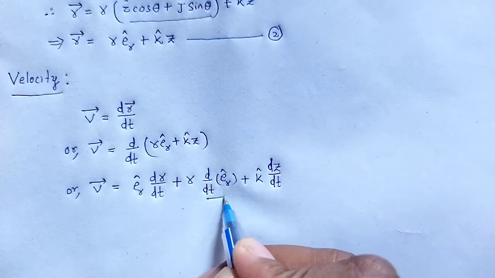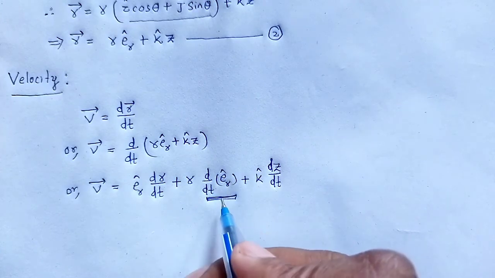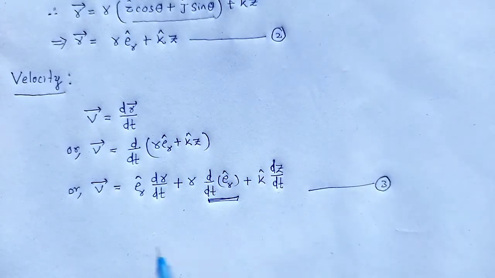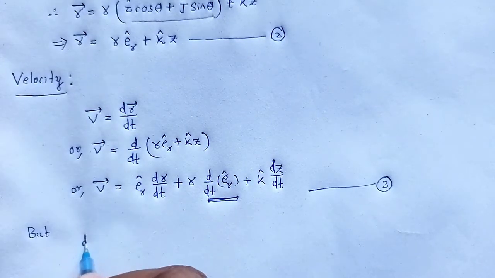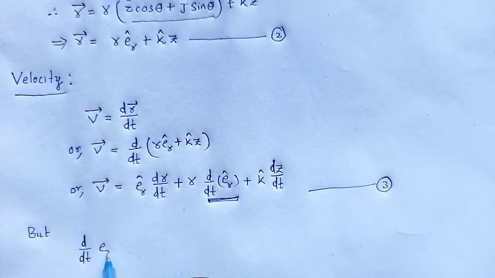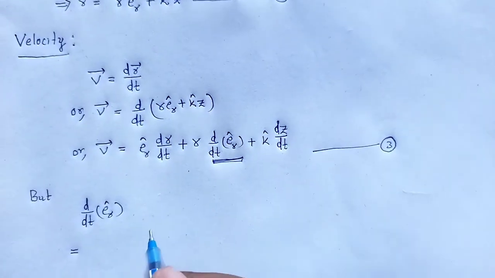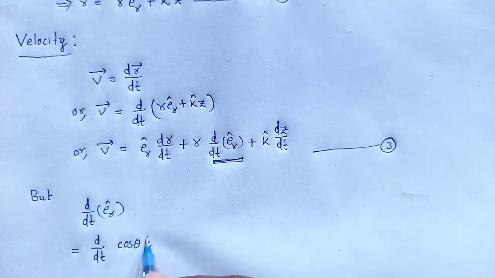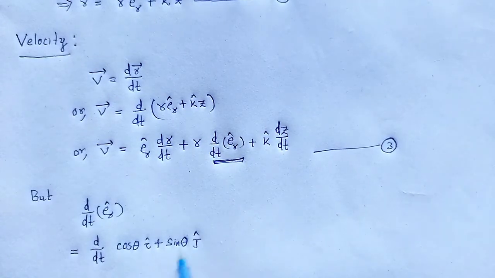Now we have to find the value of the derivative of e r cap with respect to t. Let us say this one is equation number 3. d by dt of e r cap is equal to d by dt of cos theta i cap plus sin theta j cap.